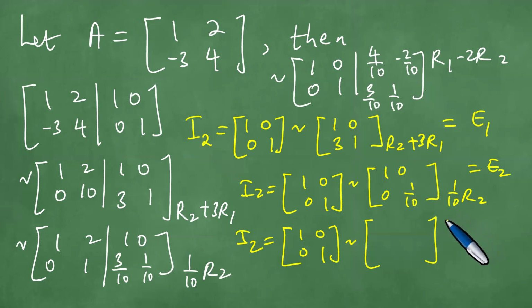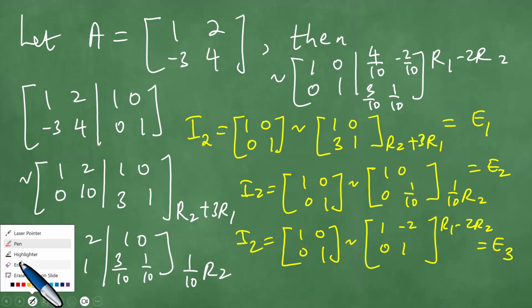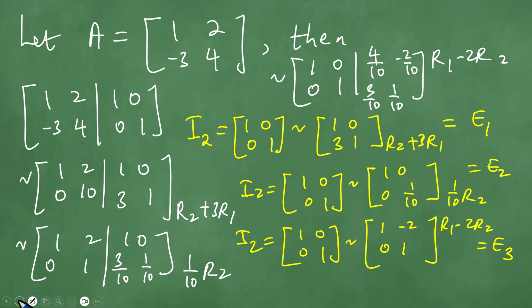So here we would have exactly row 1 minus 2 row 2. With that mentioned, this gives us 1 minus 2, 0, 1. It produces exactly the third elementary matrix E sub 3. And thus we're able to make the following observation.